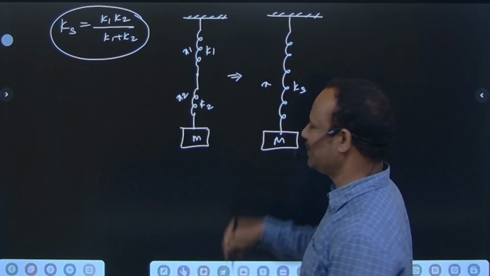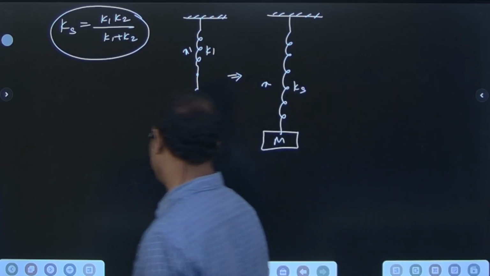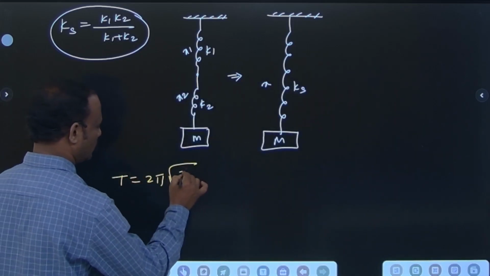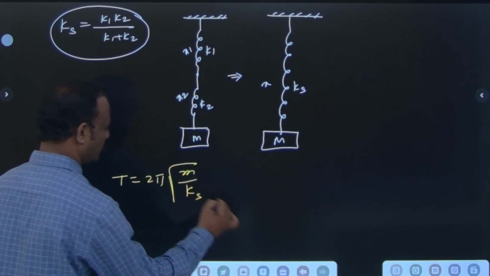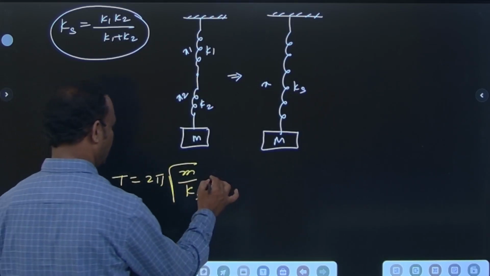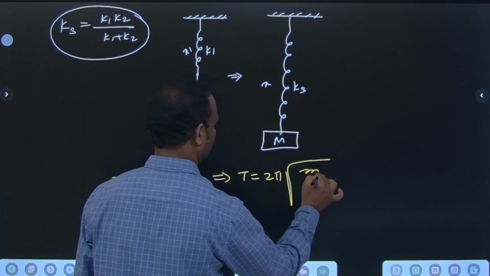So what is the time period of this? The time period T is equal to 2 pi under root of m by Ks.